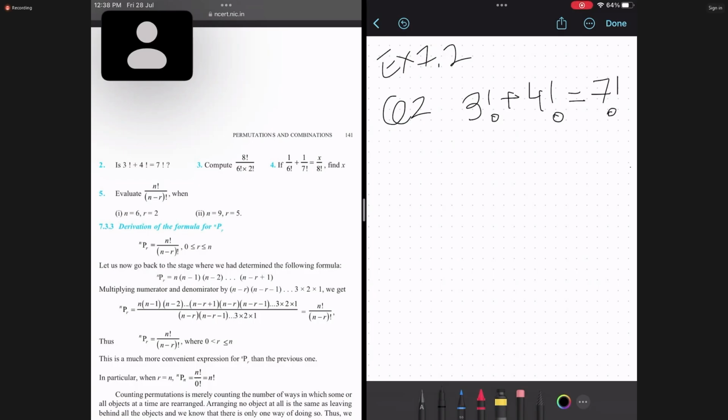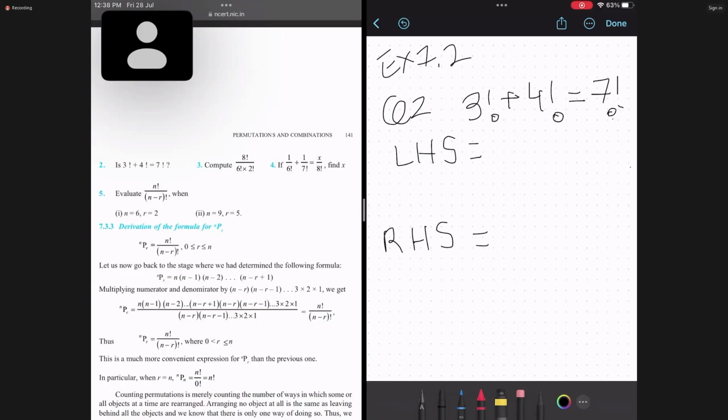When we are doing such questions, it is very imperative for us to remember how to approach this question. Whenever you are trying to prove something right or something wrong, you start by first solving the LHS and then solving the RHS, and that is how you're going to show your work. As it is, we know that factorials are not additive in nature. So 3 factorial plus 4 factorial is not 7 factorial.